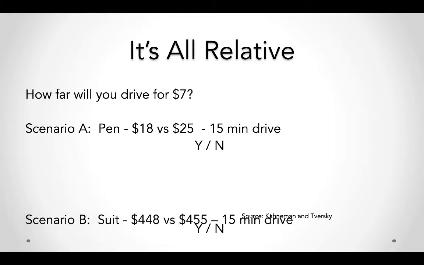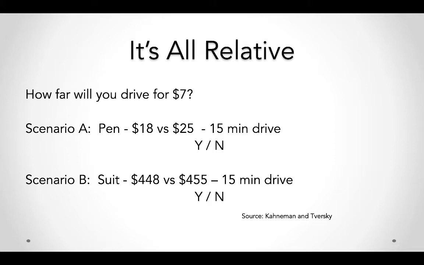Or scenario B, where you see a suit advertised in the store for $455, but the helpful store clerk tells you that the same suit is $7 less downtown, a 15-minute drive. Would you do this? Would you go downtown or not?